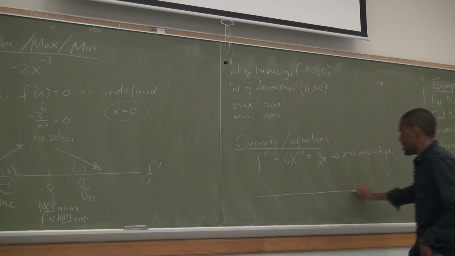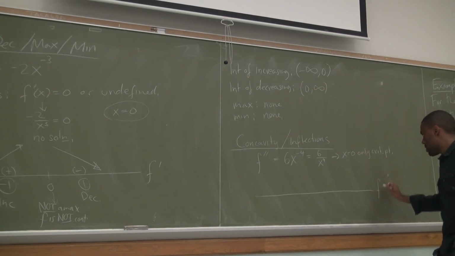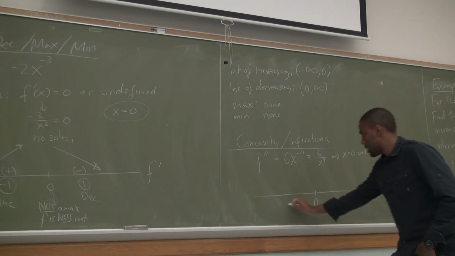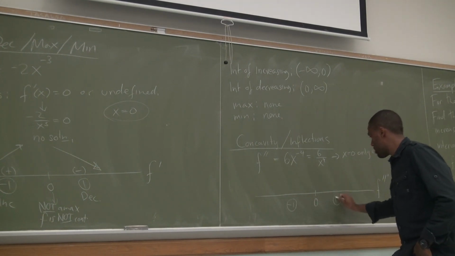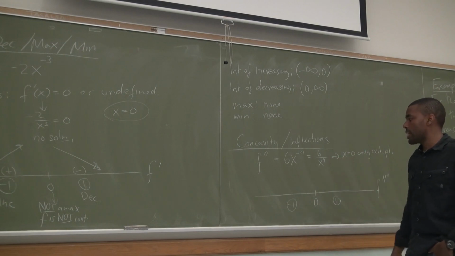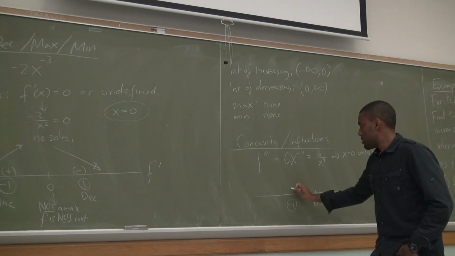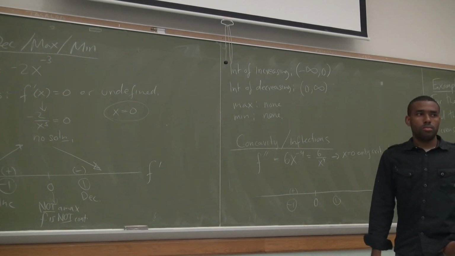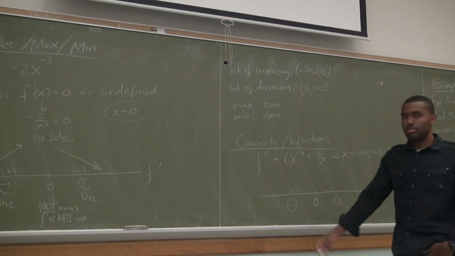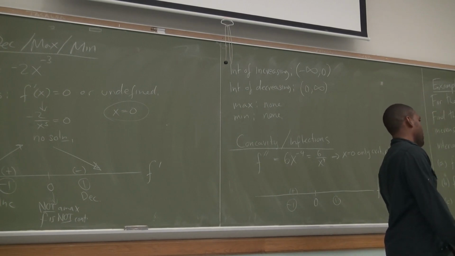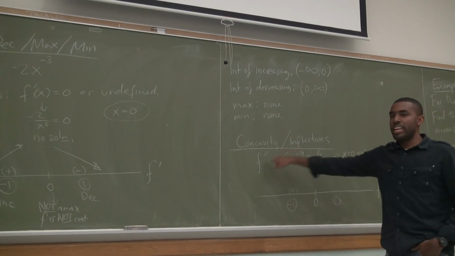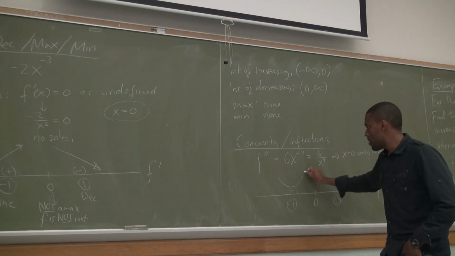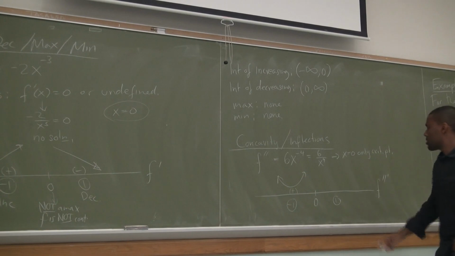So again, I'm going to do a number line, but this time I'm testing the second derivative. Again, I can plug in minus 1 and 1 just to make my life easy. Plug in negative 1 here, what do I get? A positive number. Positive here means concave up. With the second derivative, it tells you nothing about increasing or decreasing.